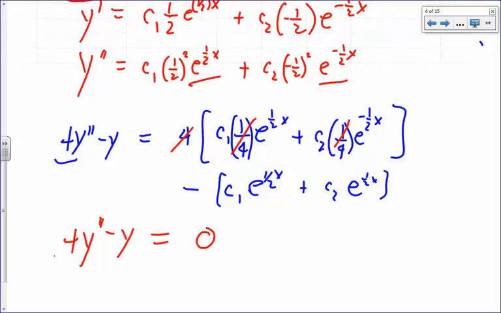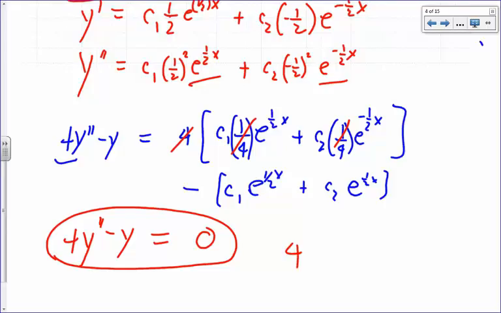This is an example of a differential equation, an equation that has derivatives. Your goal when you solve a differential equation is to get the function. See, this is a differential equation: 4 times the second derivative of y with respect to x minus y equal to 0.